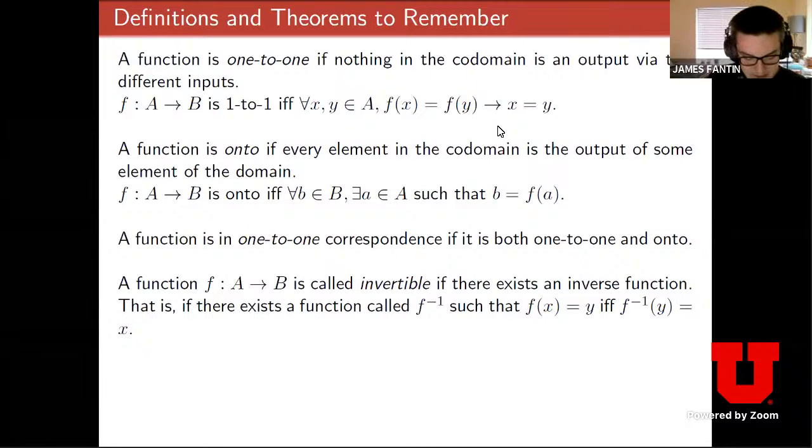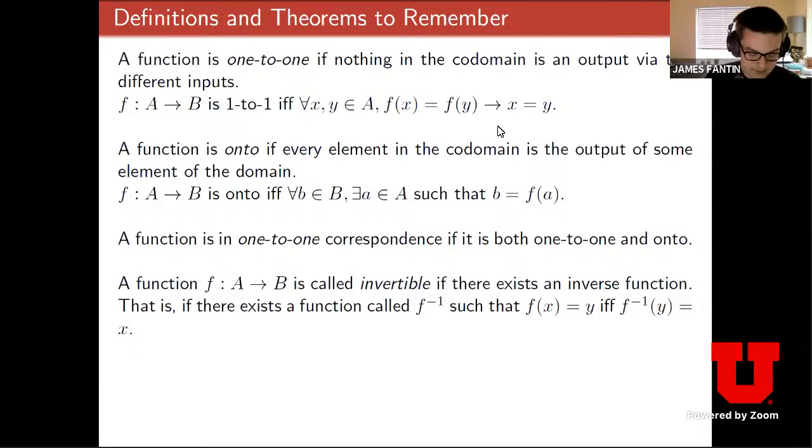A function is one-to-one if nothing in the codomain is an output for two different inputs. A function is onto if every element in the codomain is the output for some element of the domain.